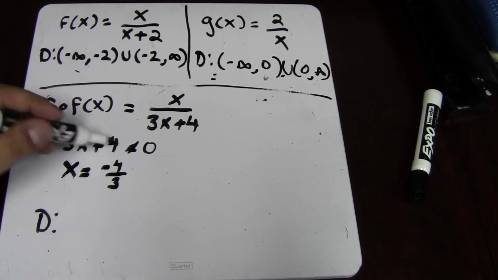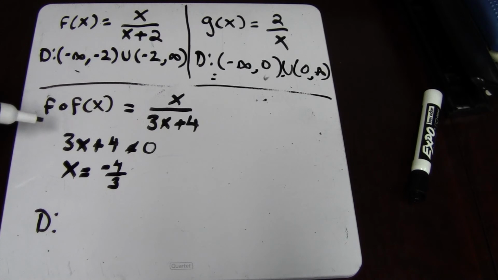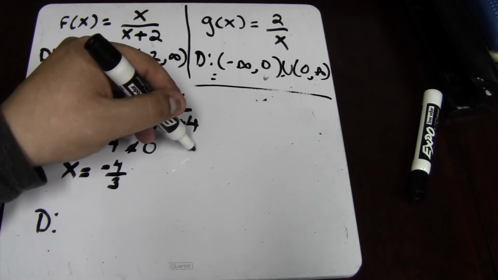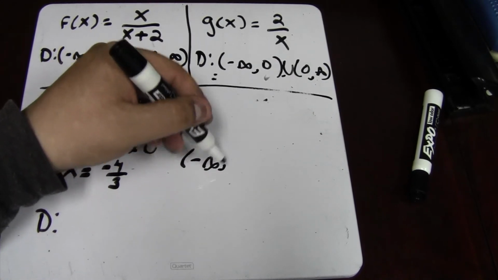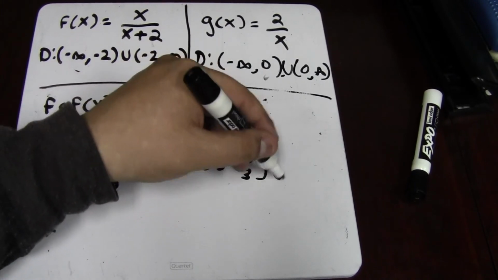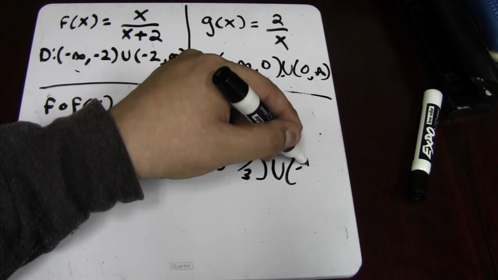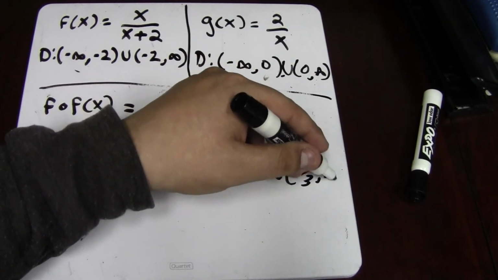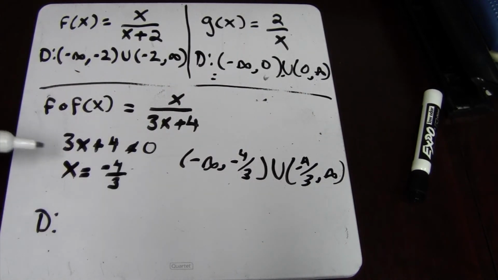And to write that in interval notation, -infinity to -4 over 3 union -4 over 3 to infinity. All right, so that's interval notation.